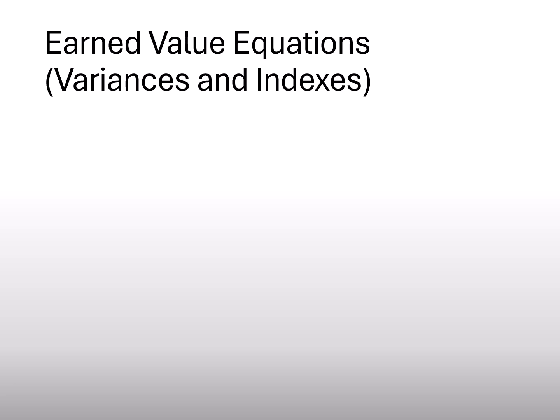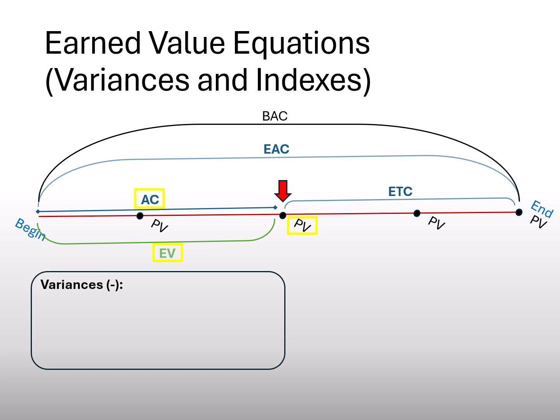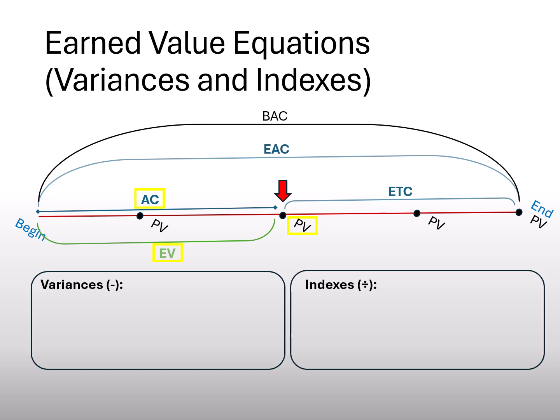Now let us check variances and indices for cost and schedule. For these formulas, we are located where the red arrow is, and we already have the planned value, the actual cost, and the earned value. For variances, we will think of subtractions, and for indices, we will think of divisions.